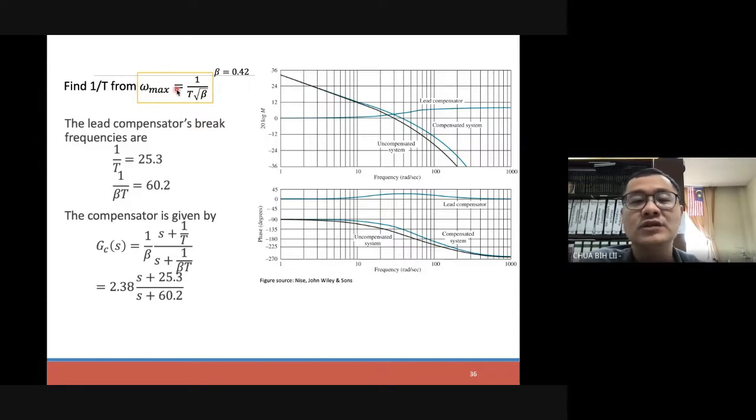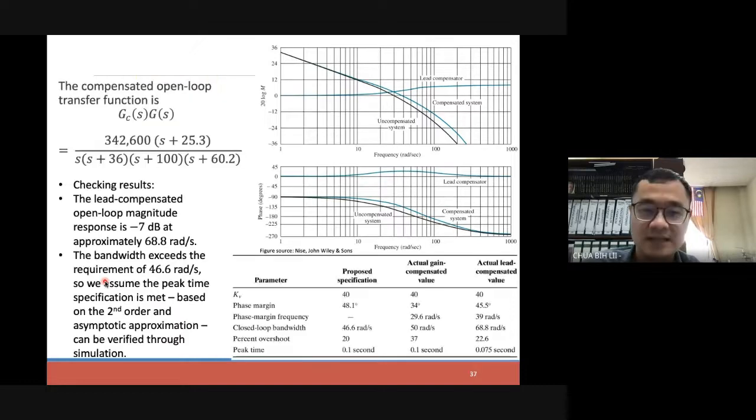Remember the three equations; put them in and you get all the parameters, 1 over T or 1 over beta T. Eventually you get these two parameters, which you can put into your compensator's transfer function, and this is your desirable values. Once you get this, test again. Put it into your simulator and check whether it is correct or not. That is how you can do that.